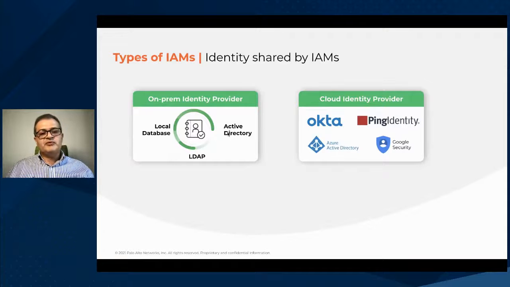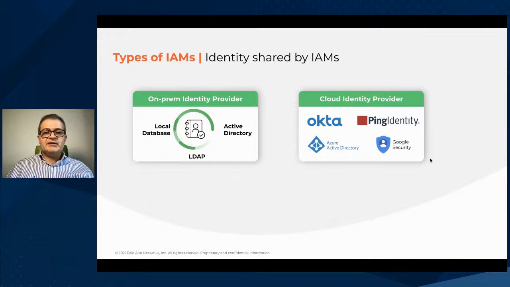But as companies move more and more towards the cloud, we have cloud identity providers, the likes of Okta, Ping ID, Azure Active Directory, Google Security, and so on. Most companies today have identity spread all over, using Active Directory as well as LDAP as well as cloud identity providers.